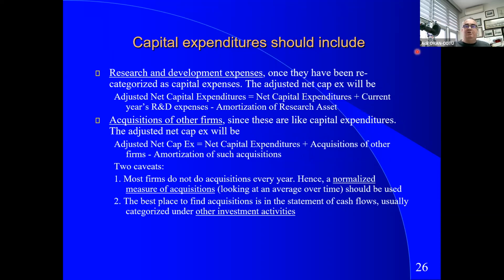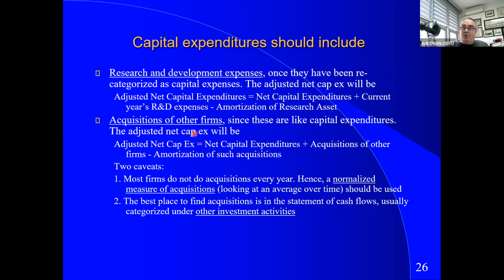So what kind of things should it include? Like the corrections we made before, if you properly account for R&D as creating an asset, then R&D should also be considered to be part of your capex. Acquisitions of other firms.